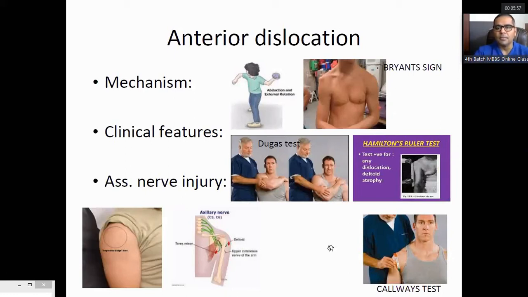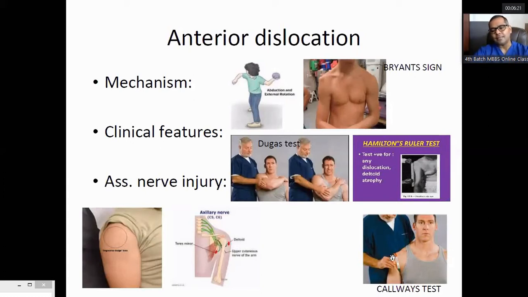The other test is the Hamilton ruler test. That means a ruler can touch simultaneously the lateral margin of the acromion as well as the lateral epicondyle of the distal humerus. In a normal shoulder, it cannot touch because of the bulkiness of the deltoid muscle.